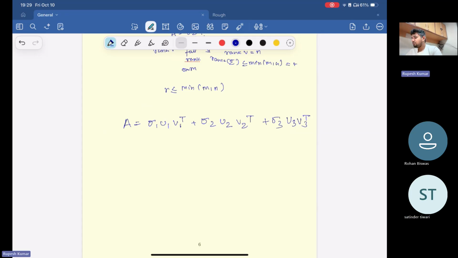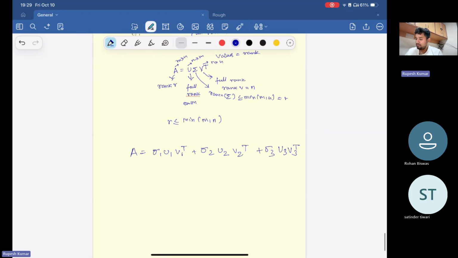Right. Basically, if you're adding three rank one matrices, the most rank you can achieve is three, or less than three, right? Is this clear?